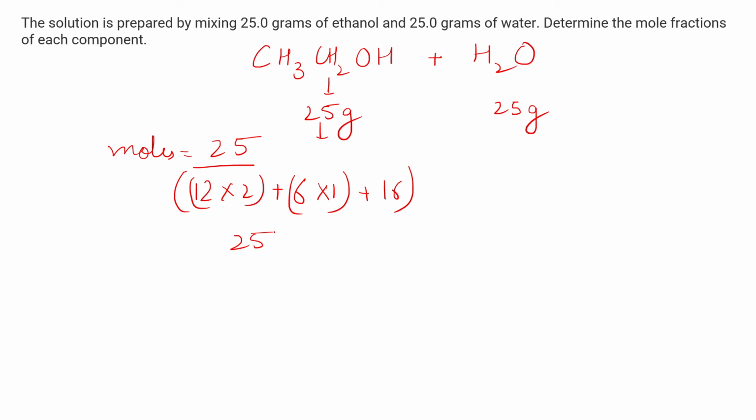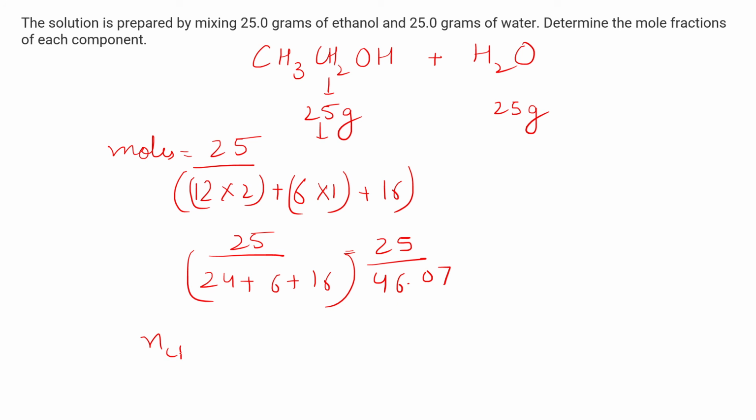So 25 divided by 24 plus 6 plus 16, that is 46.07. So the number of moles of ethanol CH3CH2OH will come out to be 0.543. Okay.